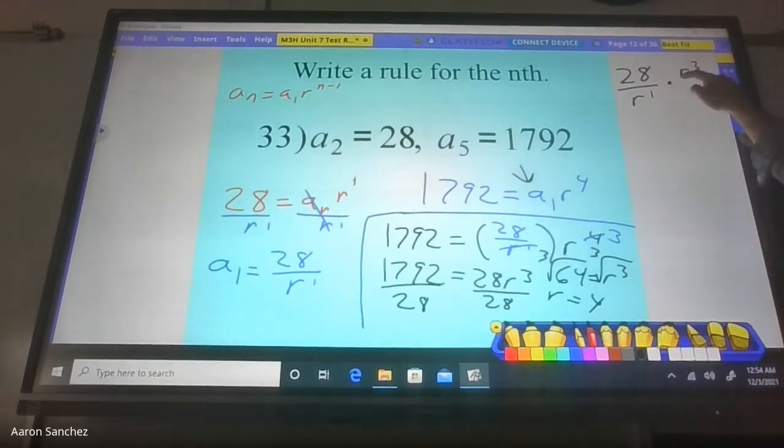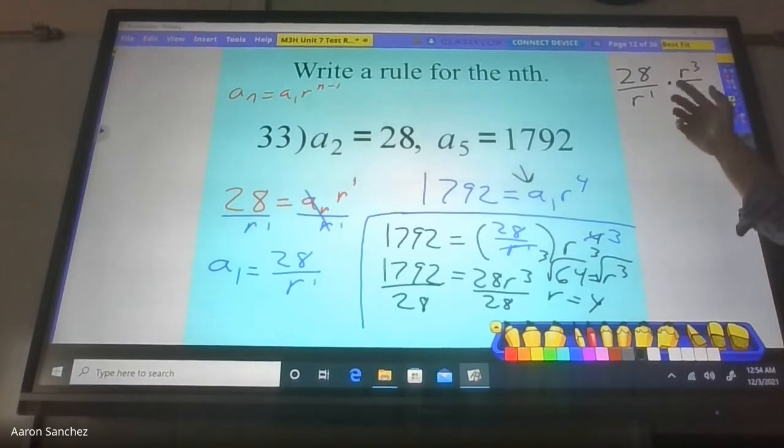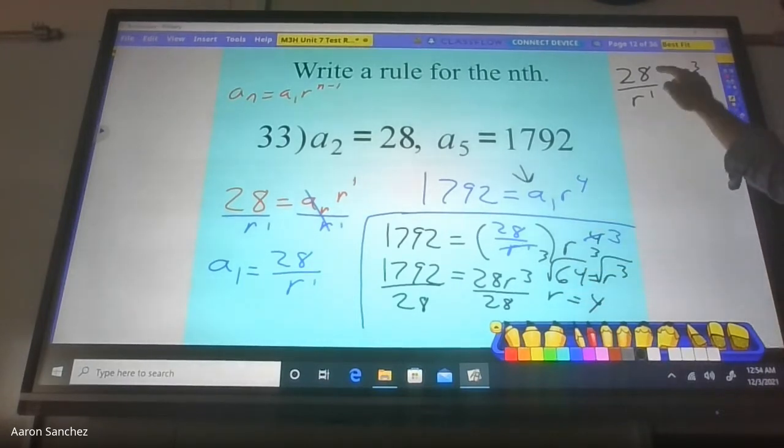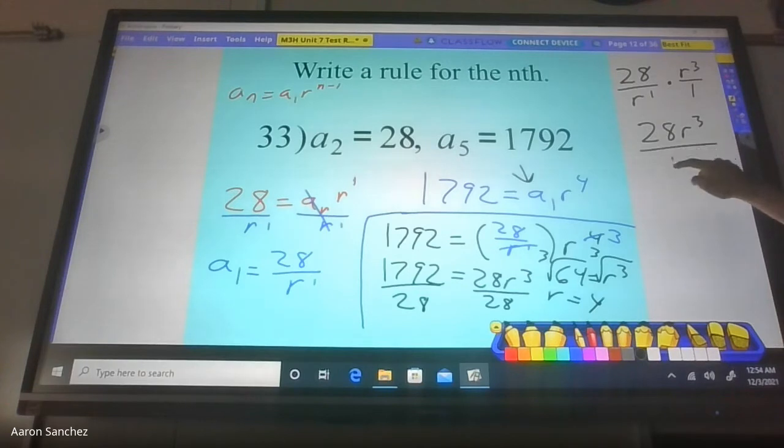And then when you multiply these, I'm doing it the long way now before I did the short way. I don't expect you to do it the long way. You multiply this times this and that times that. So it's 28 r cubed over r to the 1st, because r times 1 is r, right? With me so far? Am I standing in the way? Okay. So do you understand what I'm doing here?